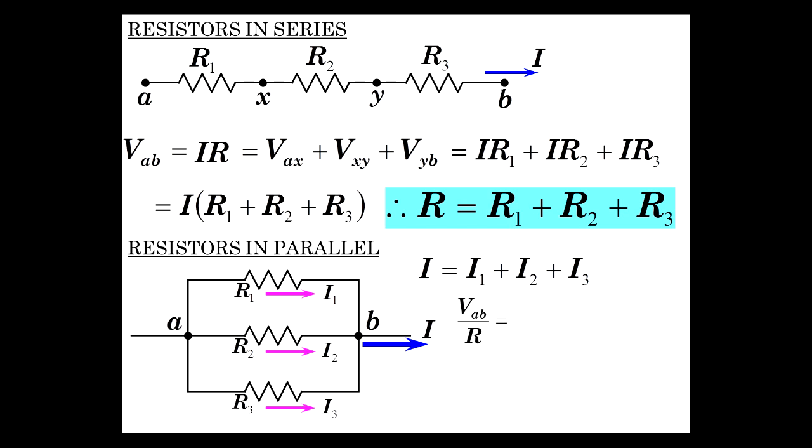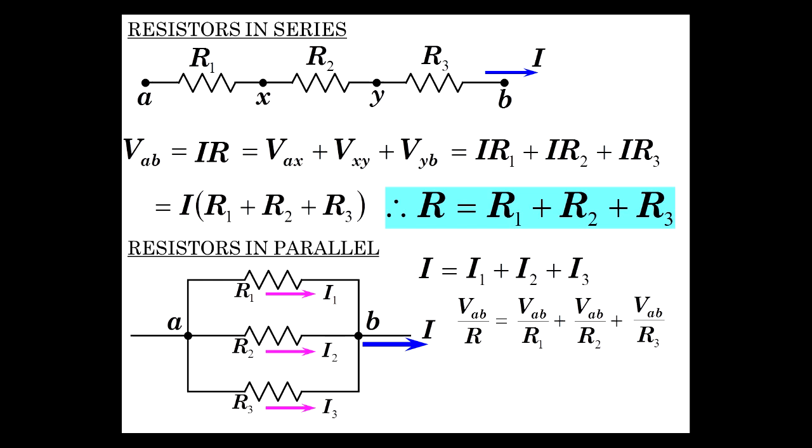So VAB over R, current is voltage. The voltage across here divided by the total resistance is VAB over R1 plus VAB over R2 plus VAB over R3, since each one has that same voltage.